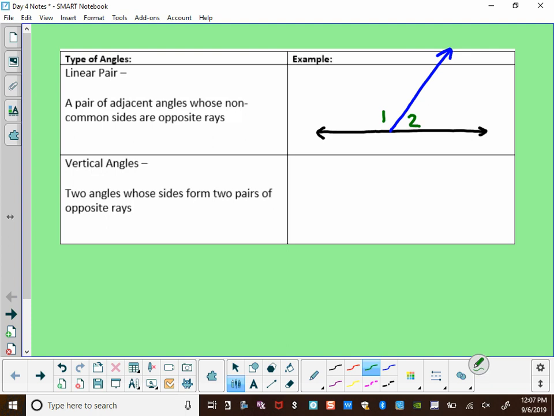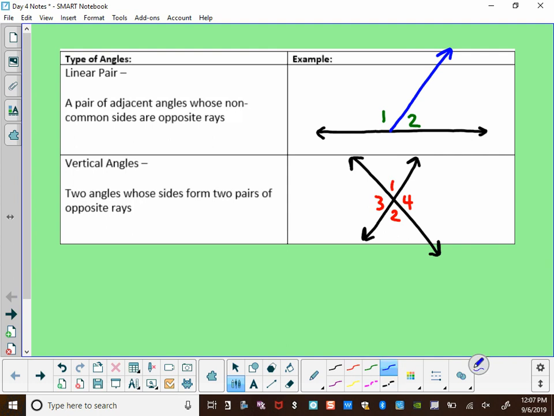All right, your last definition, vertical angles. Vertical angles are two angles whose sides form two pairs of opposite rays. So I want you to draw a line here and a line there so they crisscross. Put some numbers in there.